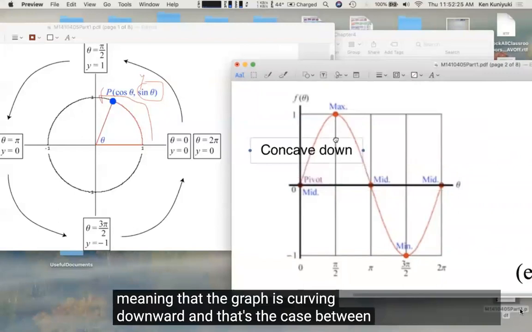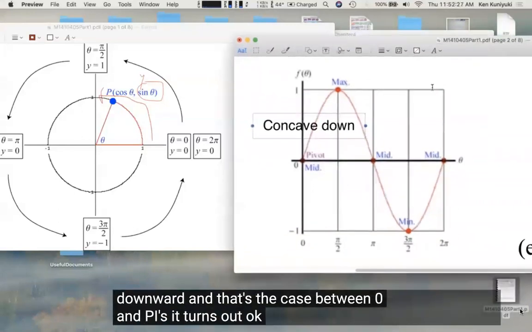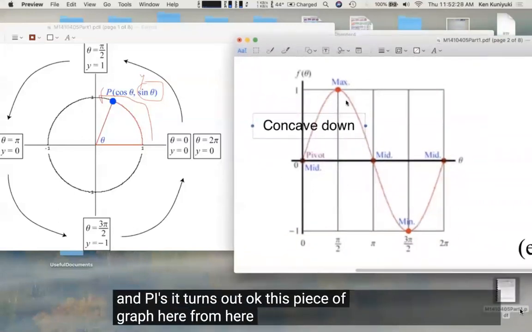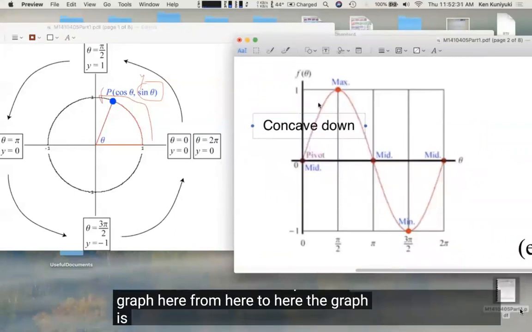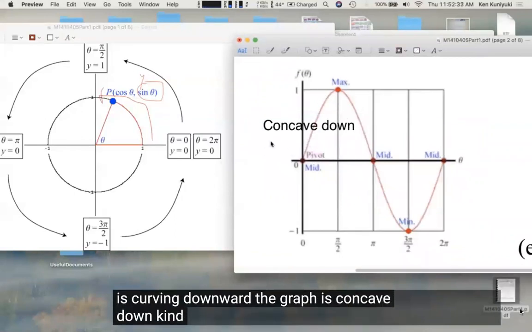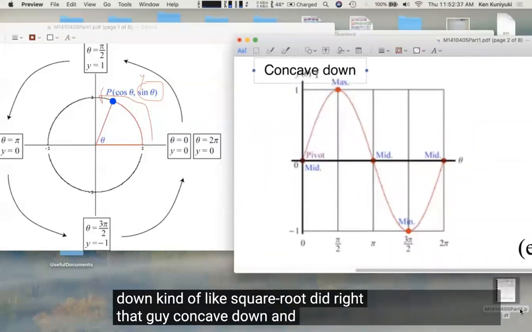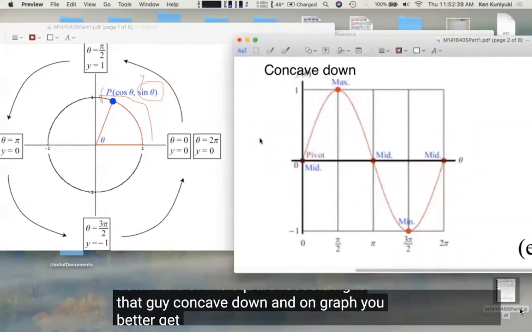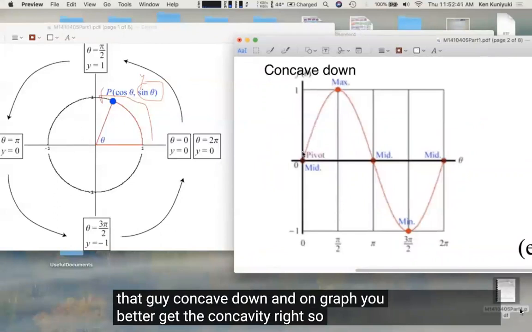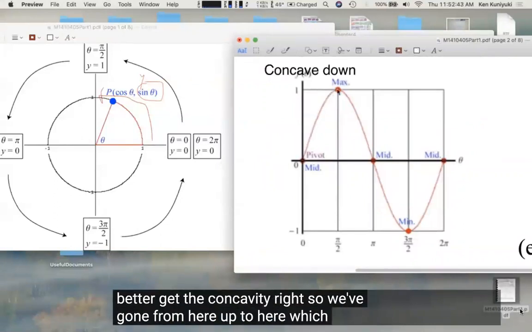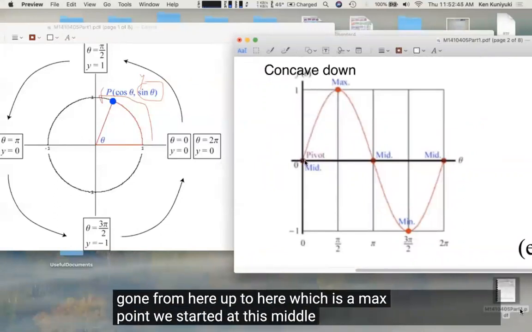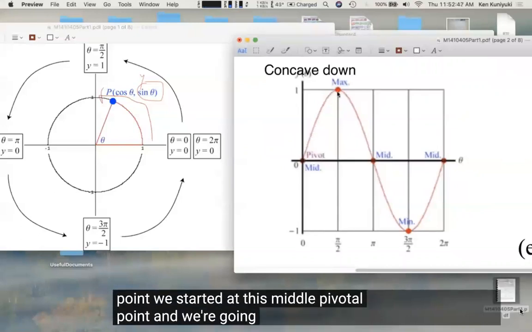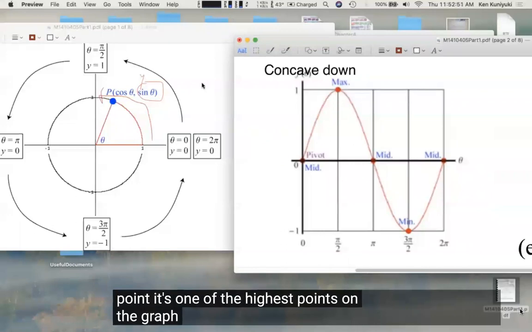And that's the case between 0 and pi, as it turns out. Okay, this piece of graph here, from here to here, the graph is curving downward. The graph is concave down, kind of like square root did, right? That guy, concave down. And on graphs, you better get the concavity right. So we've gone from here up to here, which is a max point. We started at this middle pivotal point, and we're going up to this max point. It's one of the highest points on the graph.